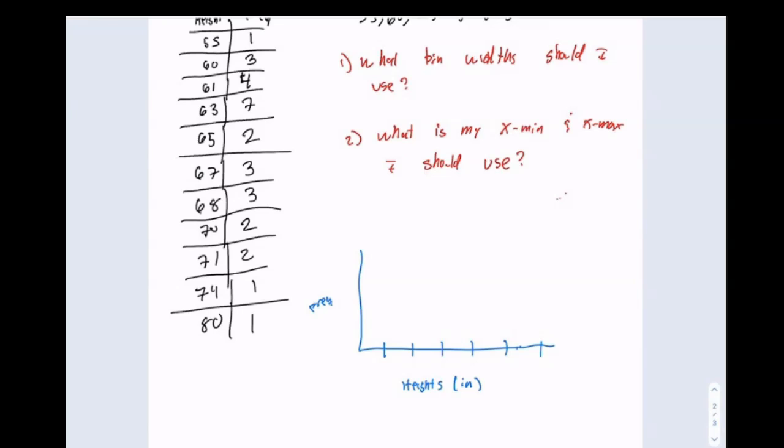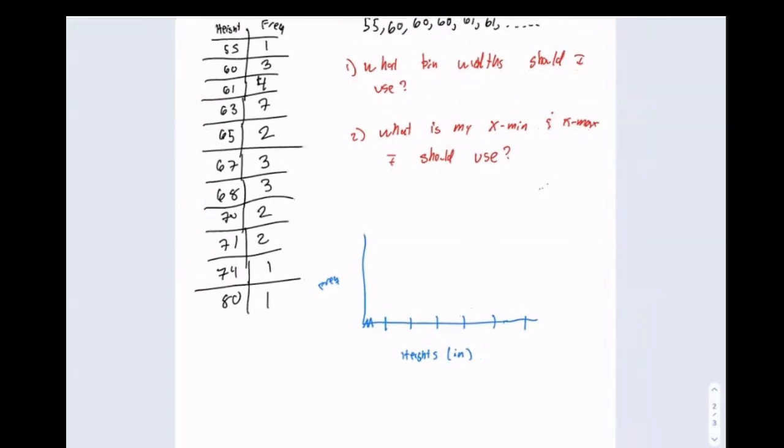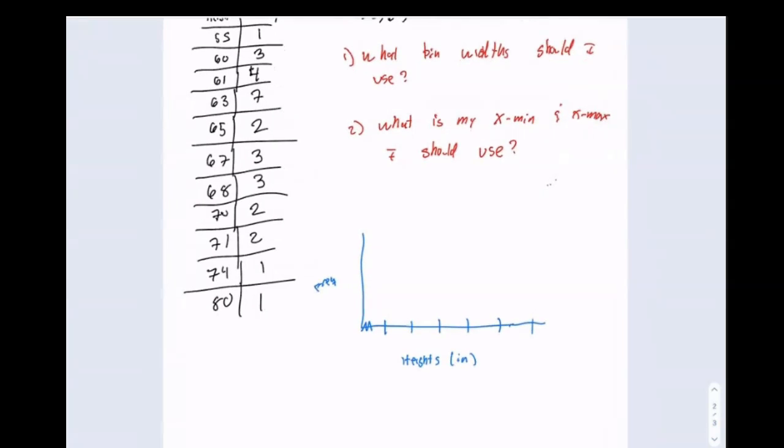No, we definitely don't want to start at 1. I have a question. Can we start from 50? Yeah. And so we can actually put a little squiggly mark right there, and we can start at 50, or we can start at 55 if we want to. I would probably start at 55. But let's say we wanted to start at 50. That's fine. Okay. And what are we going to go by?